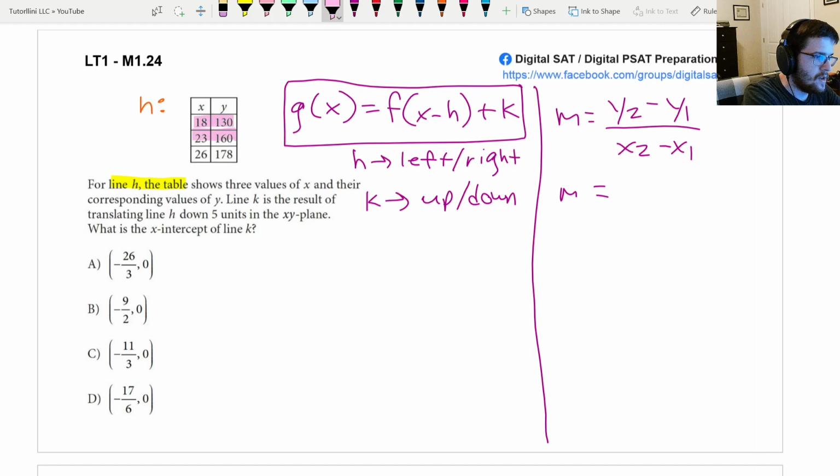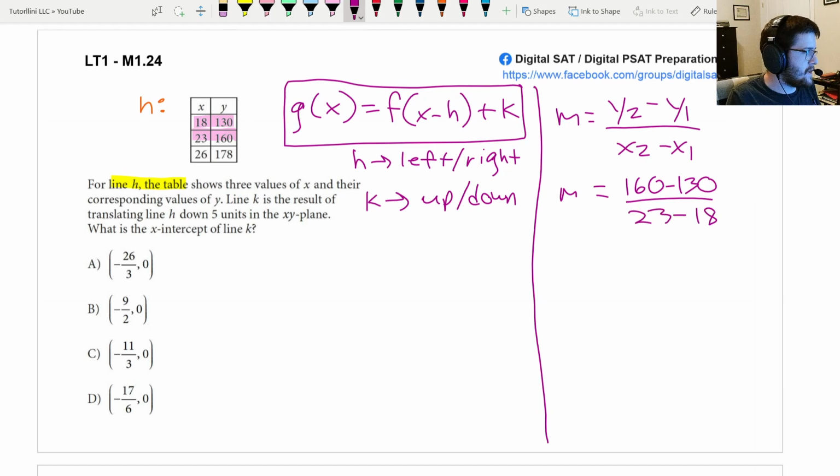So 160 minus 130 over x2 minus x1. Make sure you go in the same direction. 160 minus 130, and then 23 minus 18. You've got to go the same way, otherwise it's not right. Okay, 23 minus 18. Going to put that in a calculator, and I should get 6.